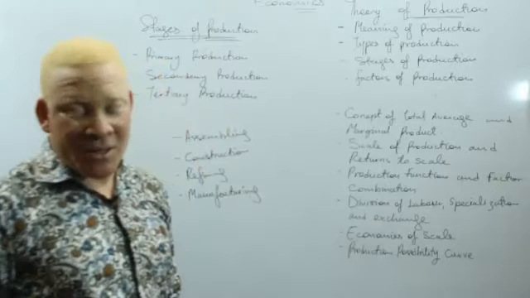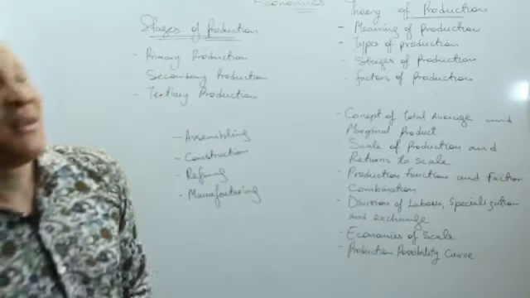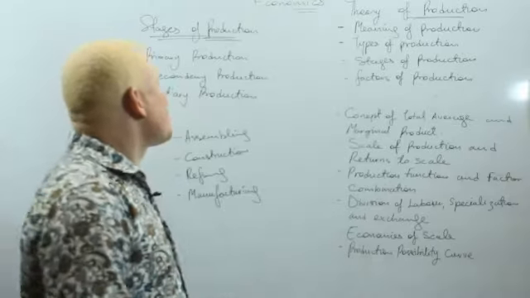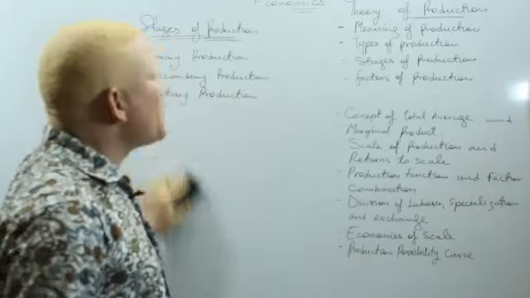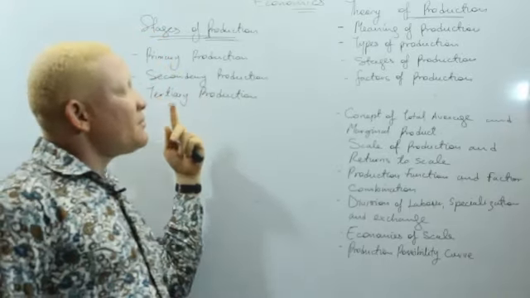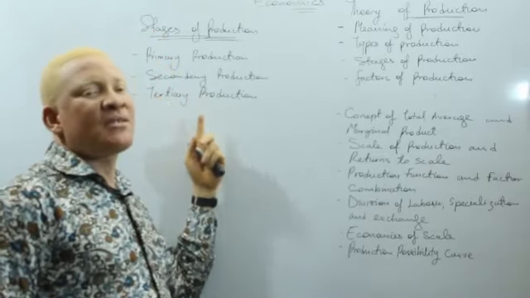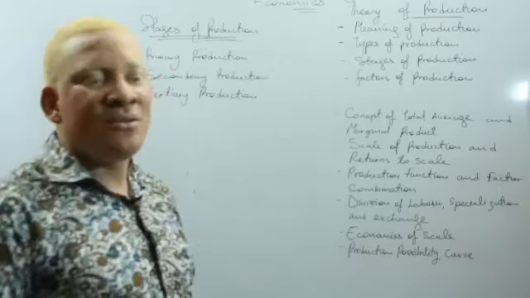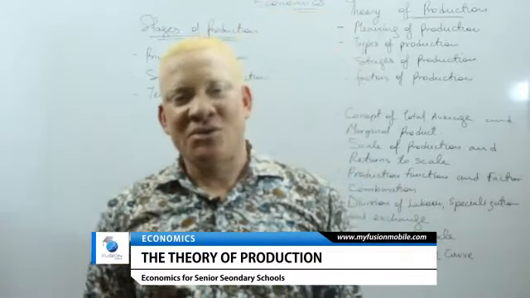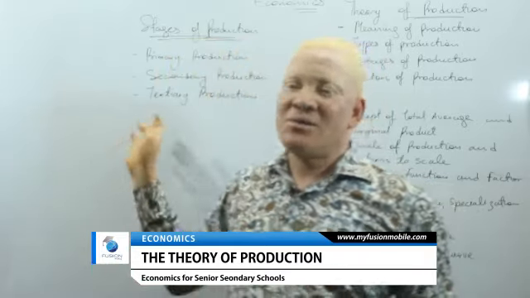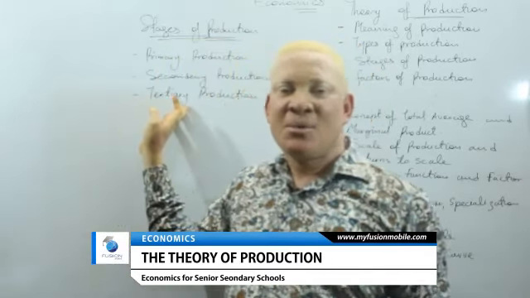But for tertiary production, any set of activities which makes sure that the goods or services get from where they are produced to where they are needed belong to the tertiary production.